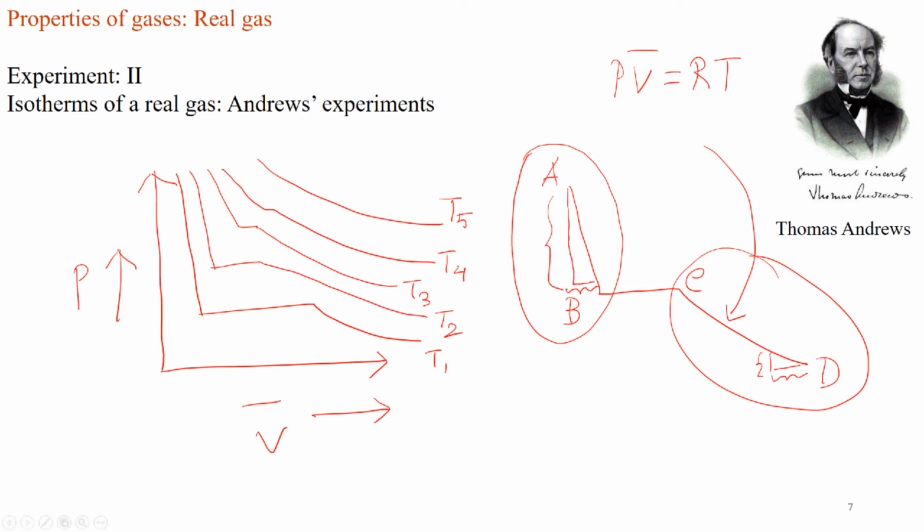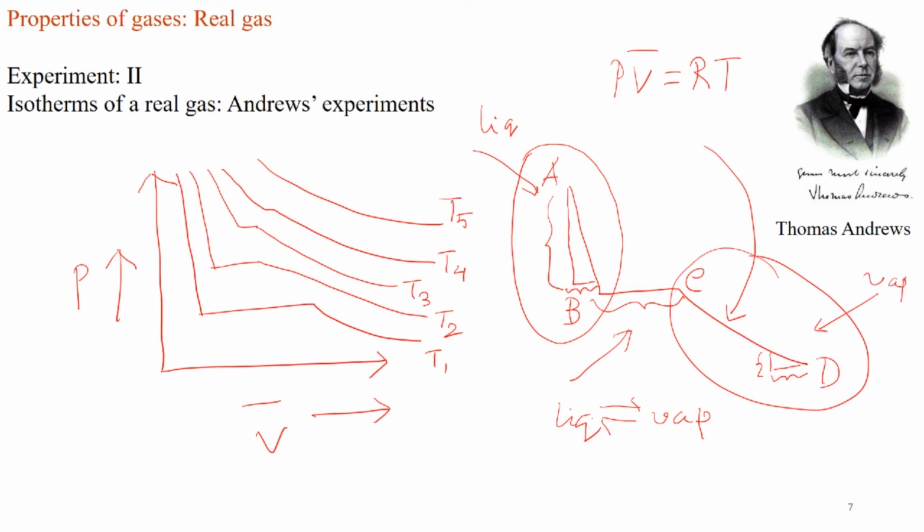The reason being, liquids are far less compressible than gases. The region in between, which is the BC region, represents an equilibrium between the liquid with its vapor. So this AB region represents the liquid and this CD region represents the vapor or gas.